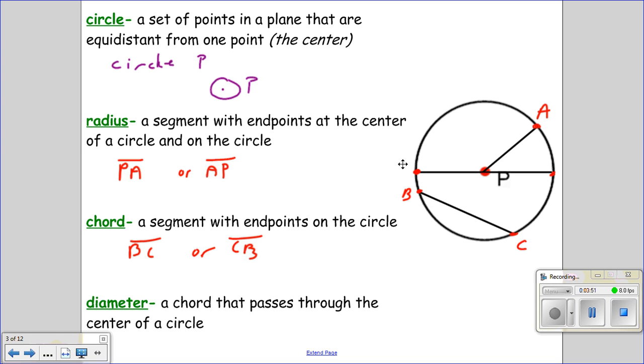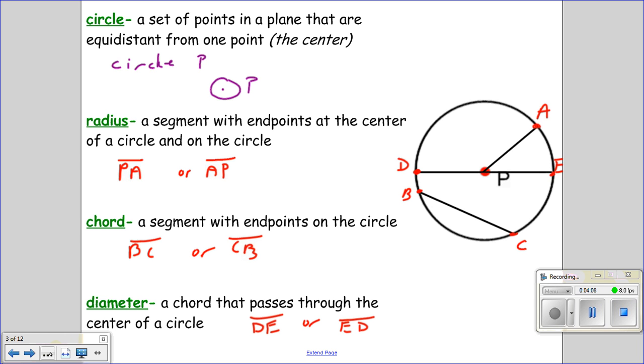So let's say this is D and E. So the diameter would be DE or line ED.